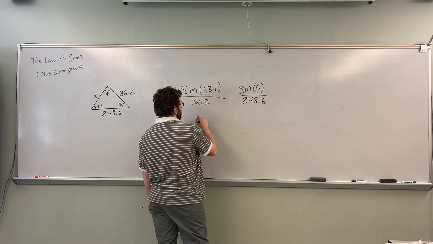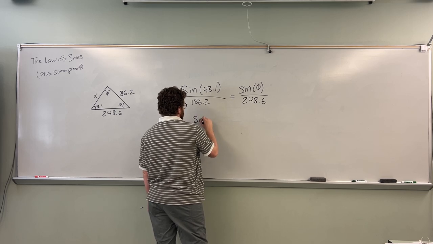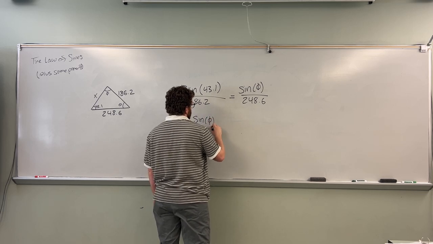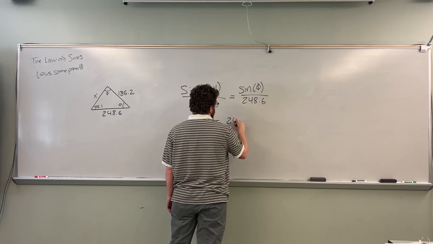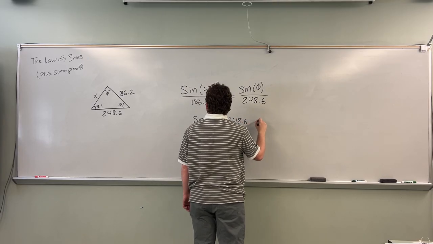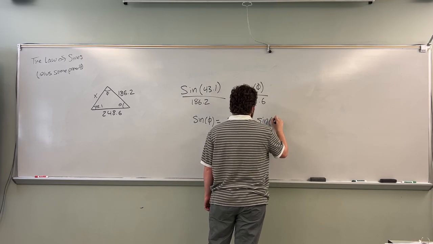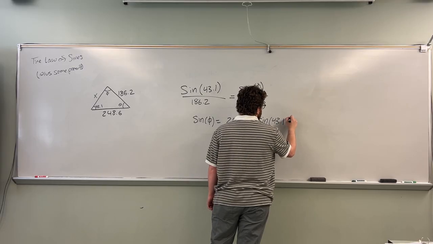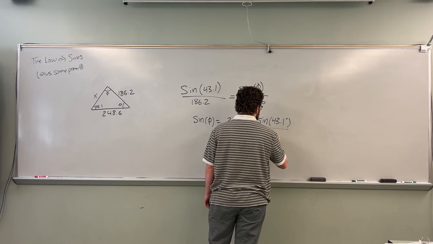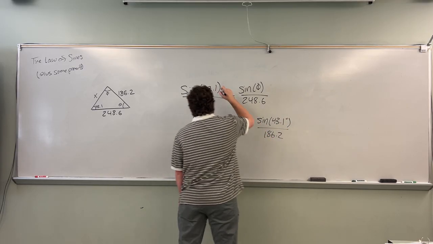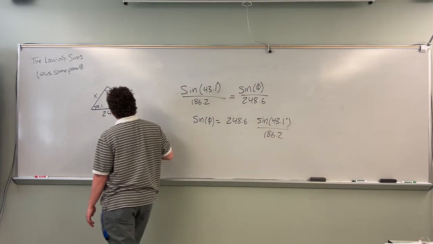Going over here, I have that sine of phi equals 248.6 sine of 43.1 degrees over 186.2. There's really degrees there, degrees there.